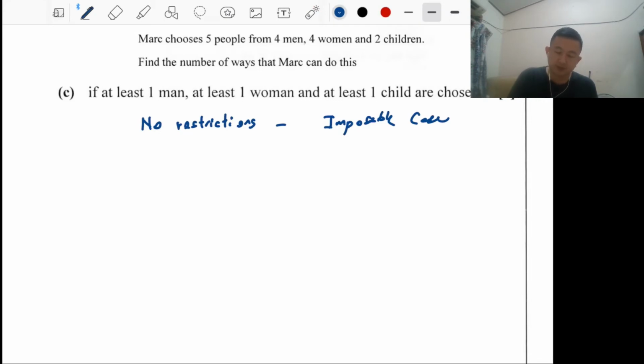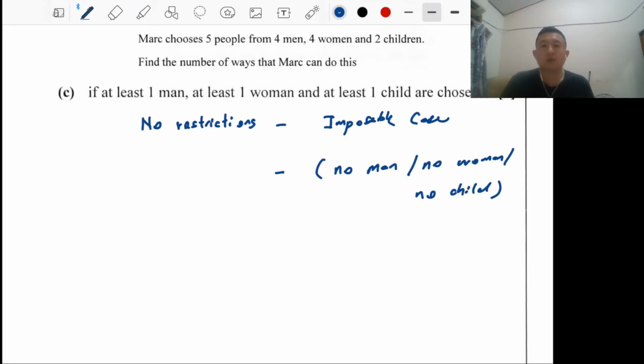Yeah, that's right. So it is no restriction minus no man, because with no man you cannot be at least 1. 0 man, or it could be 0 woman, or it could be no child. Okay, no restriction minus the impossible case. So no restriction will be 10C5.